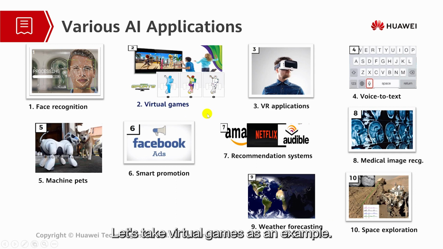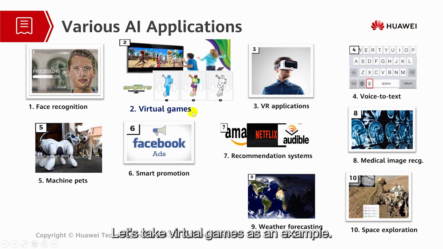Let's take virtual games as an example. To play such an indoor virtual game, for instance, beach volleyball, we need to stand in front of a game screen connected to multiple cameras and AI applications installed locally or in the cloud.